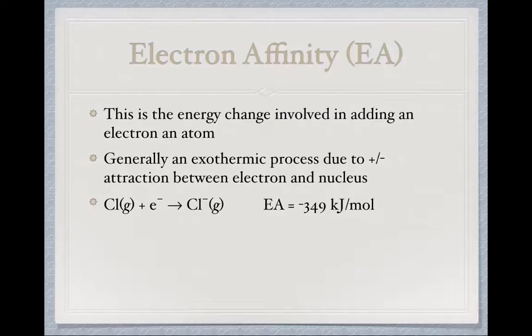It's going to be 3s2, 3p5, and the gain of that one electron is going to make it a 3p6, and so that's going to give it a filled outer shell, the same electron configuration as noble gas argon, and that's going to greatly stabilize that chloride ion. And so we would expect that that process would be fairly exothermic.